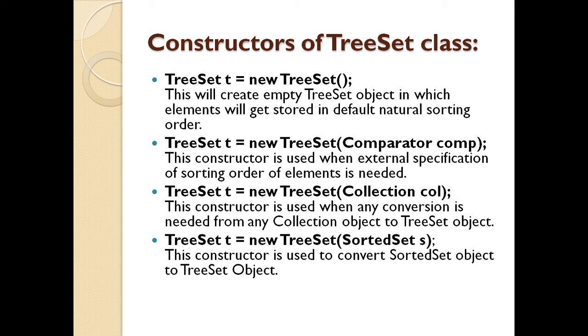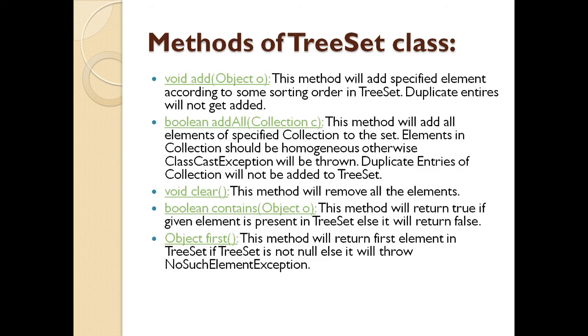Now let's see what methods I can use on tree set. First is void add, to add the specified elements according to some sorting order. Boolean addAll, I pass the parameter as a collection, so this will add all the elements from the specified collection. To remove the elements from the tree set, I use the method void clear.